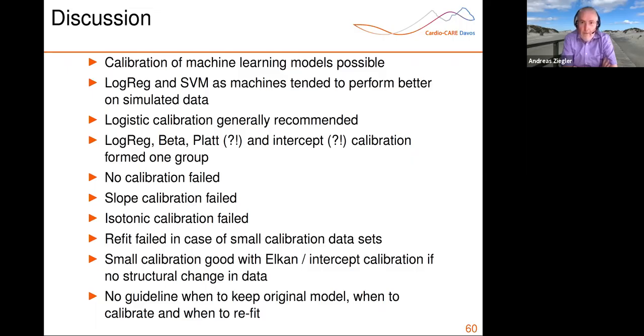Unfortunately, I don't have a guideline right now and a good argument for when we need to be very careful with the calibration even of these models, because if you have these extremely unbalanced data, some of the machines that you use for probability estimation in the first run fail. This is what we have seen several times.